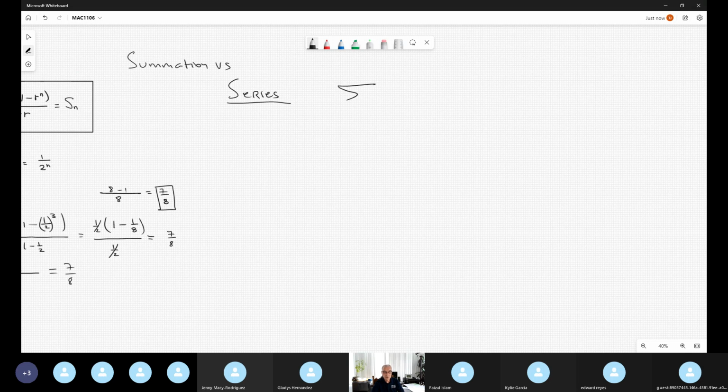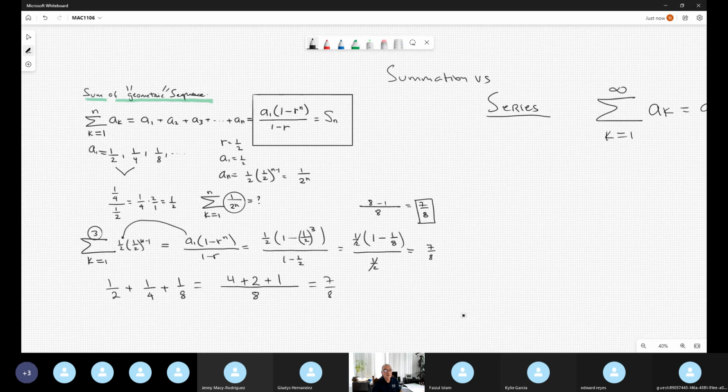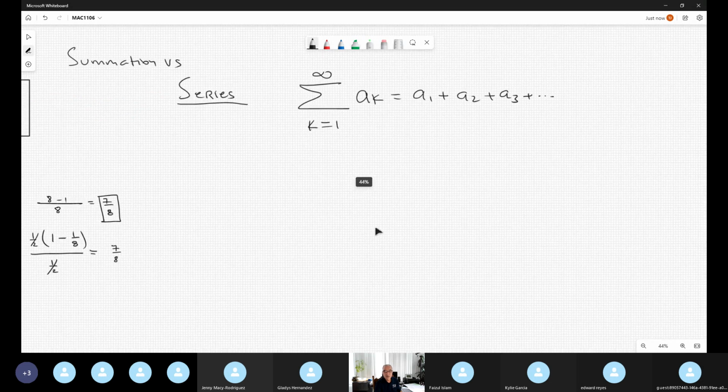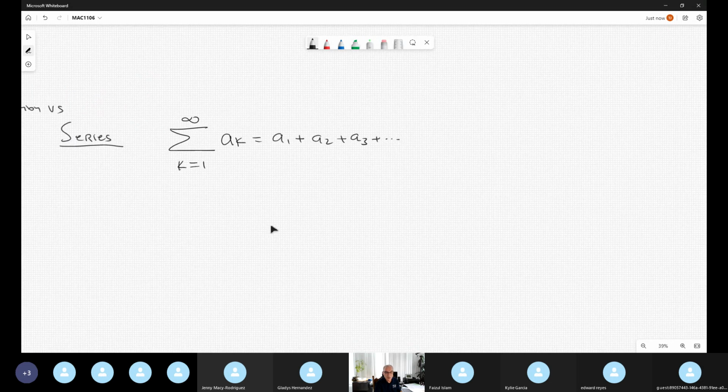Series is summation, for example, from k equals 1 to infinity. Wow, infinity elements. So the sum of a sub k would be a1 plus a2 plus a3 plus, and continue forever. It is not similar to this, where I stop at a sub n. No, this is infinity.